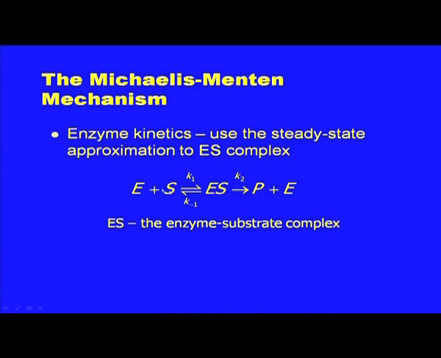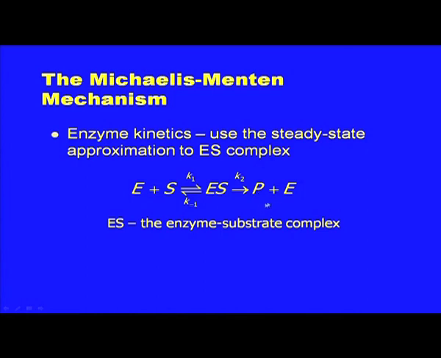So it is a quick equilibrium and then maybe a slow dissociation to give the product plus the enzyme back. It is the enzyme substrate complex that dissociates to give you your desired product. This is the intermediate through which the substrate, with the help of the enzyme, is converted to product.